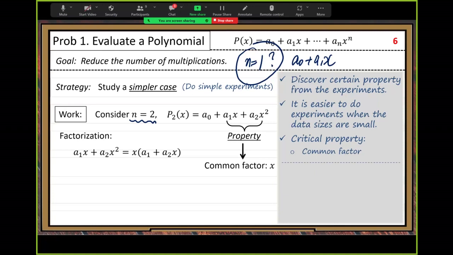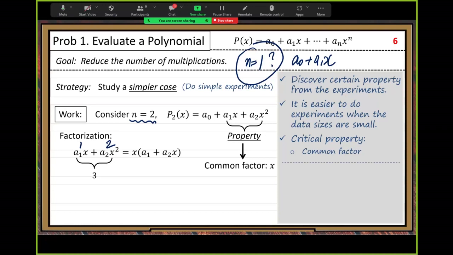Let's count twice: the first time before the factorization, the second time after. Before factorization, the first term contains one multiplication. The second term contains two multiplications. 1 plus 2, we get 3 multiplications.